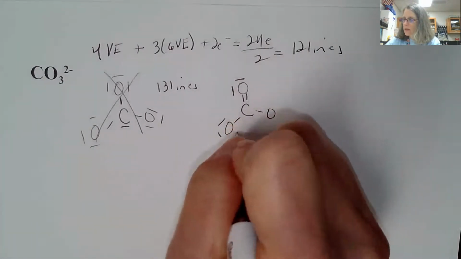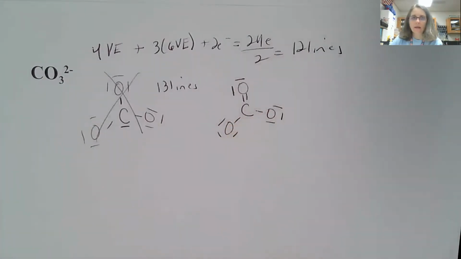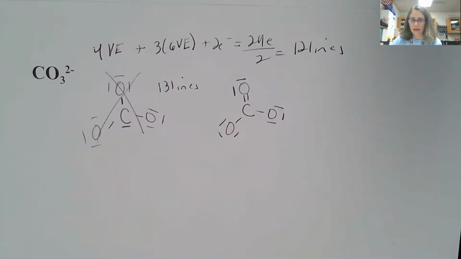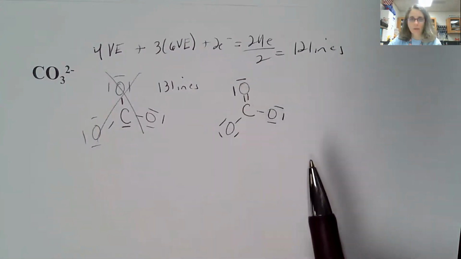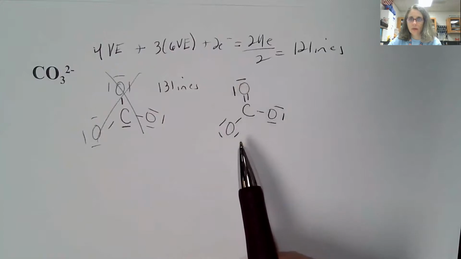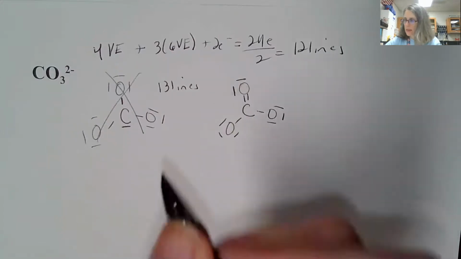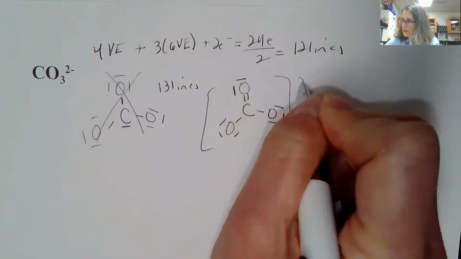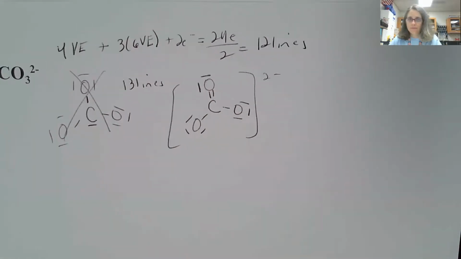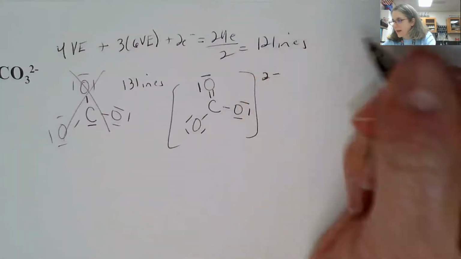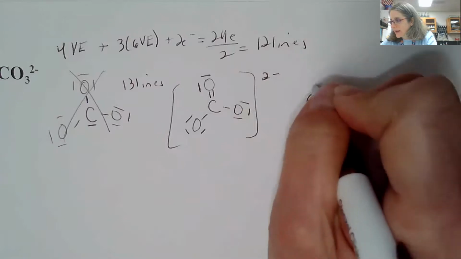So that's going to satisfy the oxygen's octet with that double bond and then 2 lone pairs. So I can draw it with 1 double bond in it, and again, including the brackets and the 2 minus.